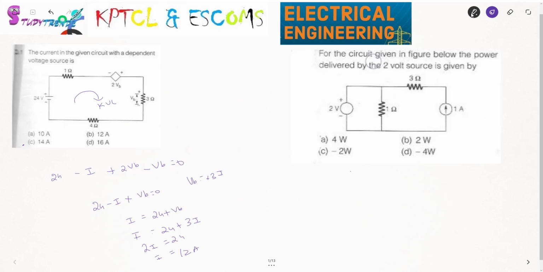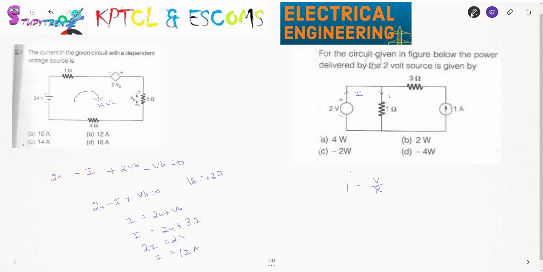In this question, for the circuit given in the figure, the power delivered by the 2 volt source is given by, let's consider the current delivered by the 2 volt source is capital I, as the current here is small i. The 2 volt is across the 1 ohm resistance, so small i is given by V by R, V is equal to IR.